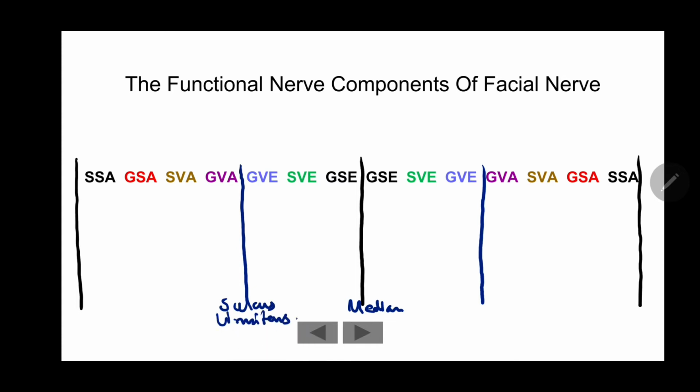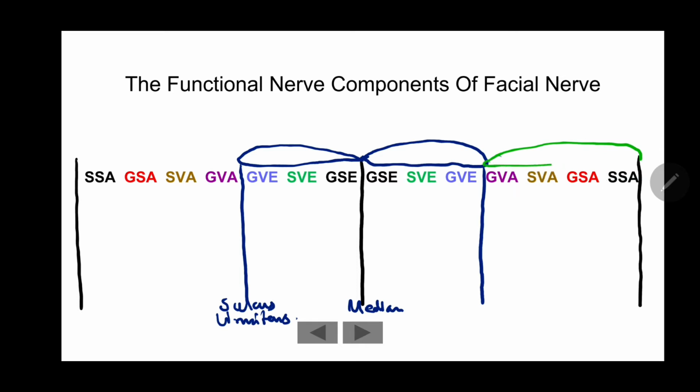This much functional column, on both sides, is carrying the efferent nuclei, and the lateral portion, this much functional column you are seeing, is the lateral functional column, and they are carrying the afferent nuclei.